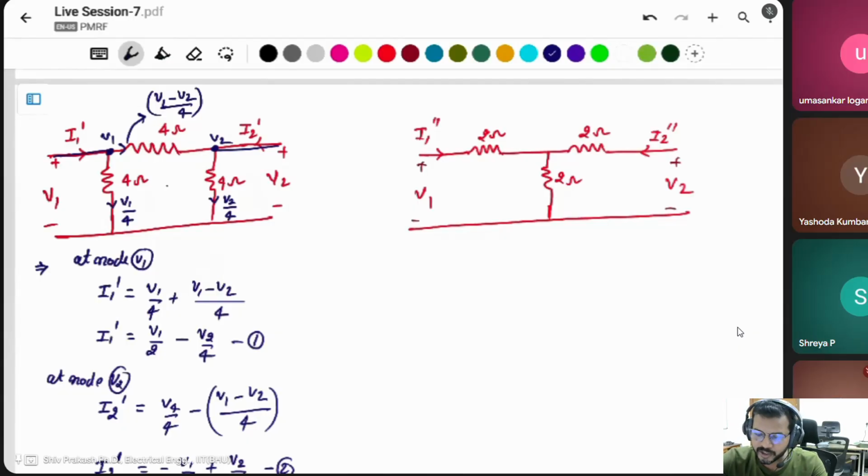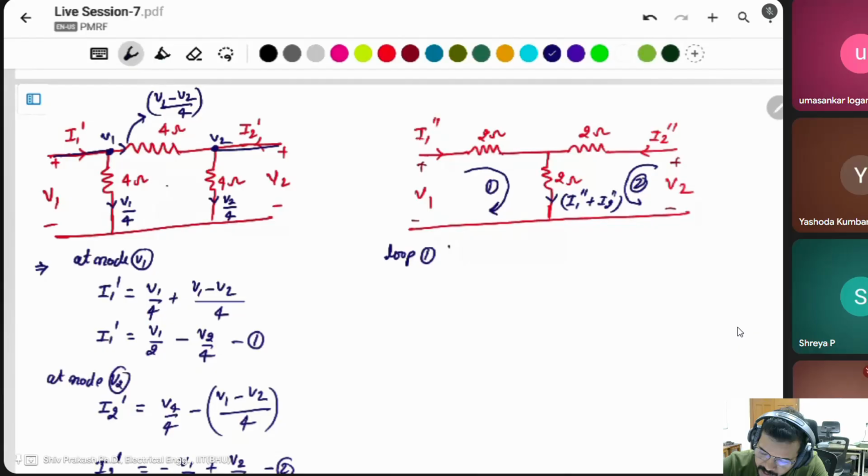Okay, because there is a voltage equation, you have to take a loop. This is the current I1 double dash, this one I2 double dash. Then what is this current? I1 double dash plus I2 double dash. Then apply KVL in loop 1.